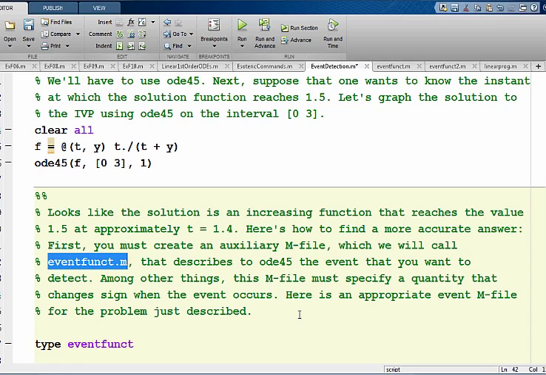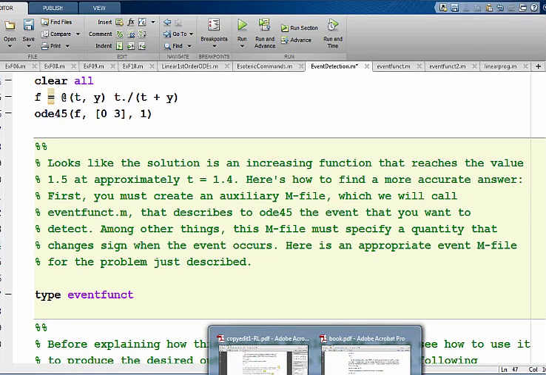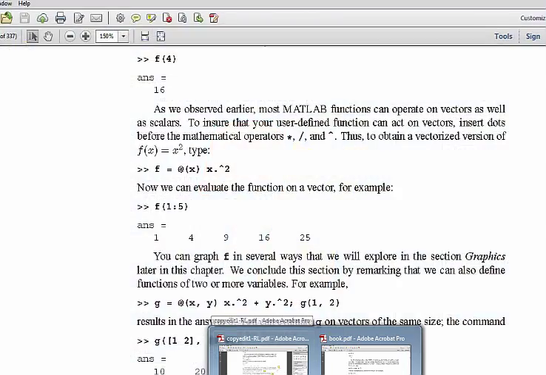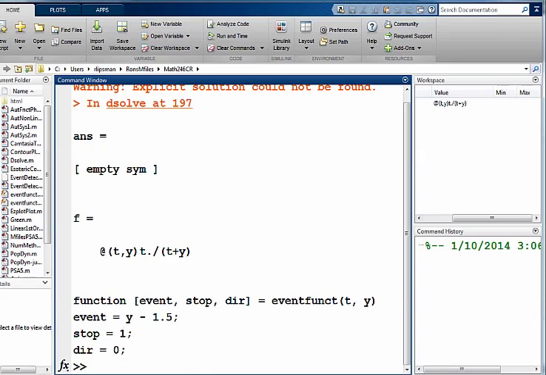Among other things, this m file must specify a quantity that changes sign when the event occurs. Here is an appropriate event m file. It's called EventFunc, and I've had MATLAB type it out for us. So if we run the section, then the file will be in the MATLAB window. Here it is.